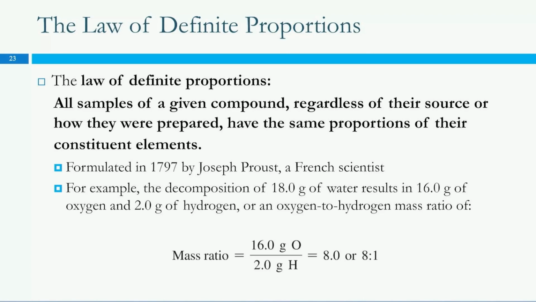So something like water. Right? So you can decompose water, you can collect all of the oxygen, and you can collect all of the hydrogen. And for every single sample, that will be a ratio of 8 or 8:1. Here, the 8 being the oxygen and the 1 being the hydrogen.